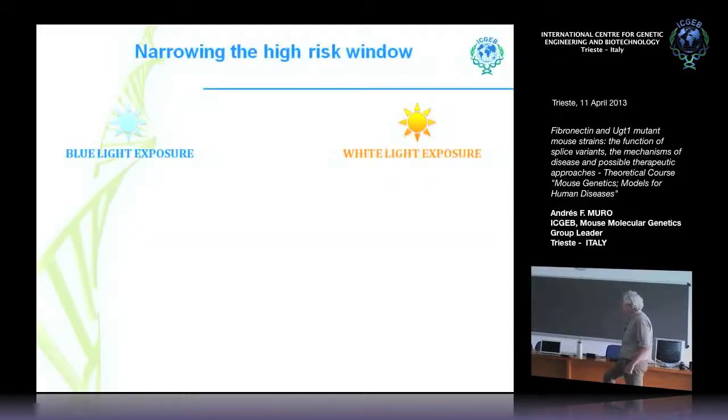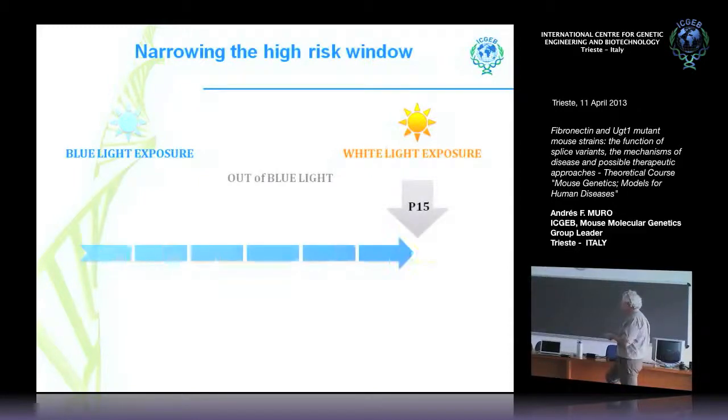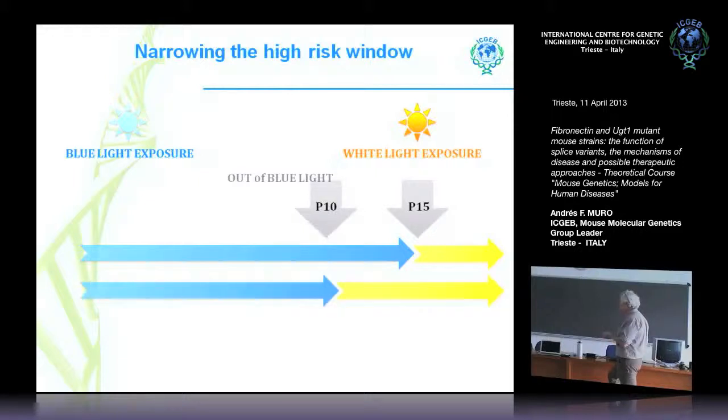Then we decided to try to find a less severe condition in which part of the animals could survive, to see minor differences in survival. So we played a bit with phototherapy, treating the animals for 15 days, 10 days, or 8 days.